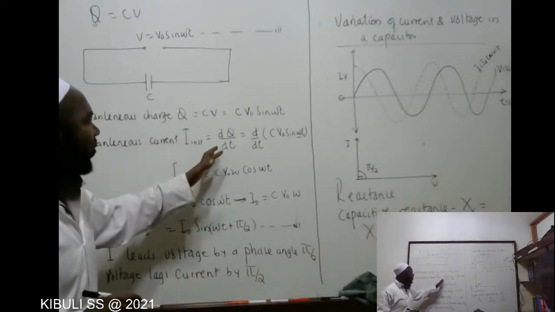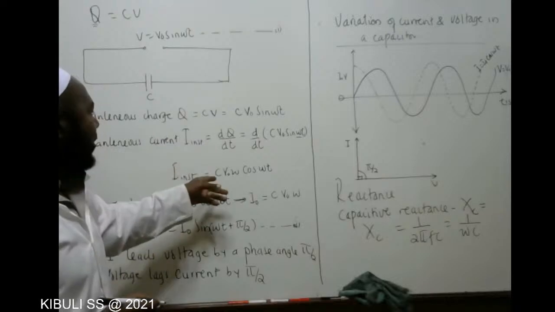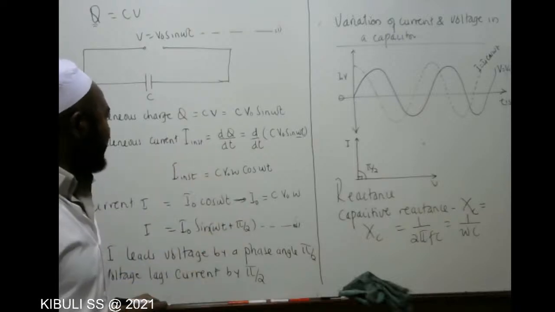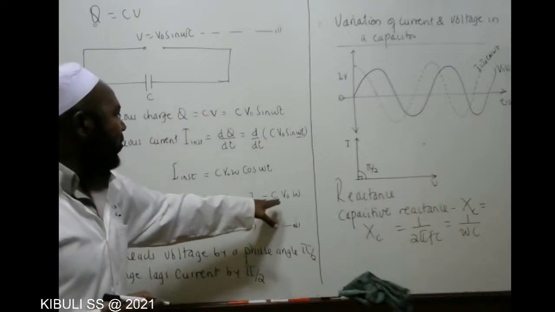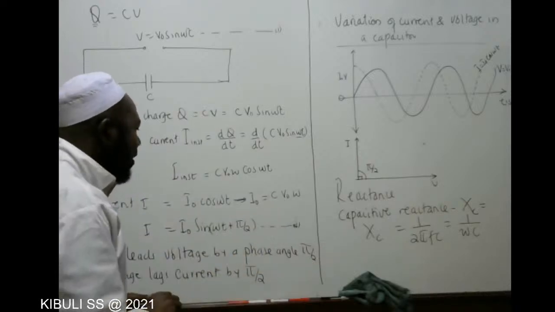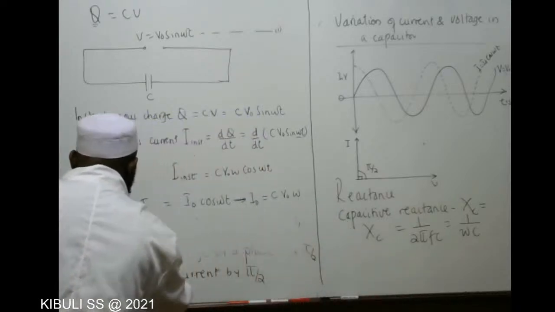Instantaneous current I is going to be dq by dt, which gives cos of WT. Then current I is given by that, such that I naught is equal to CV naught W. Now here, that's where the change comes in.